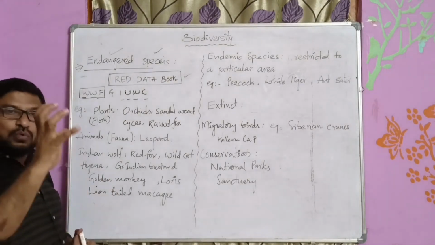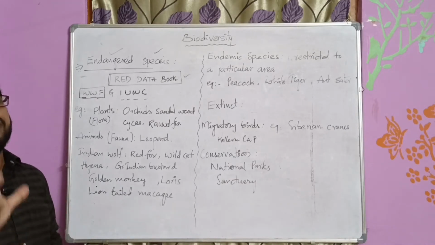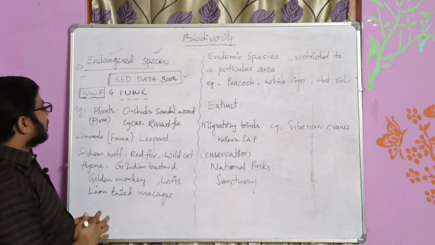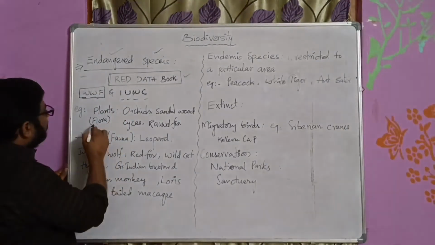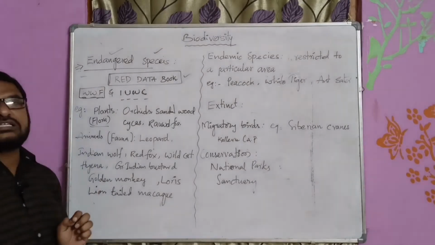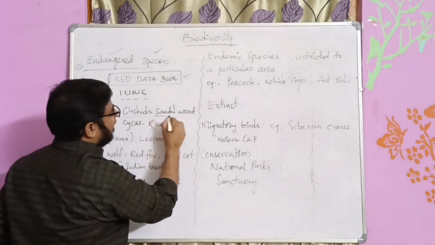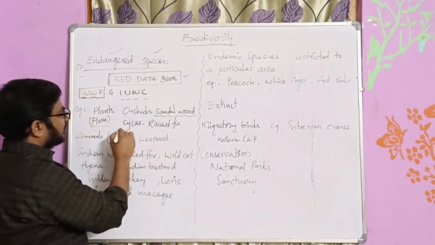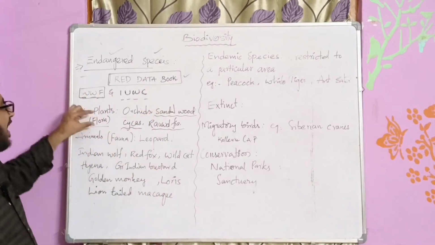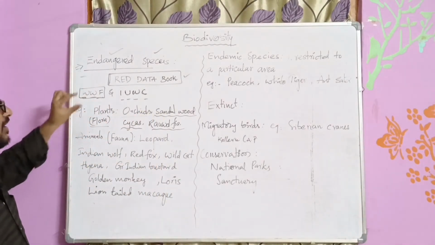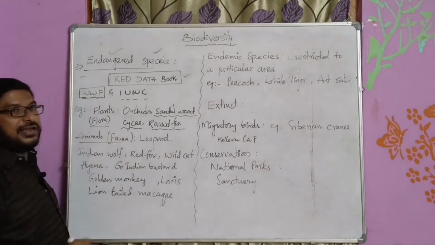In the Red Data Book, what is present? A list of endangered species is present. So what are the endangered species? Among the flora, meaning plants: orchids, sandalwood, cycas, Rauvolfia serpentina. These plants are endangered. Next, animals. Fauna. Animals are called fauna.